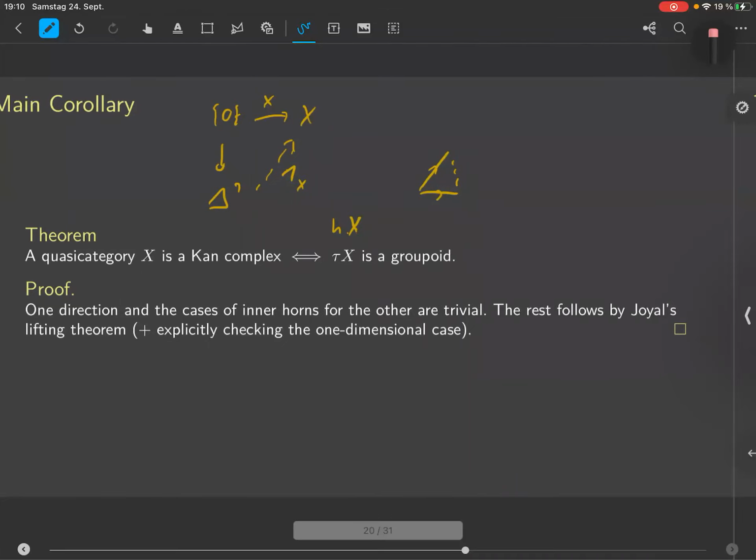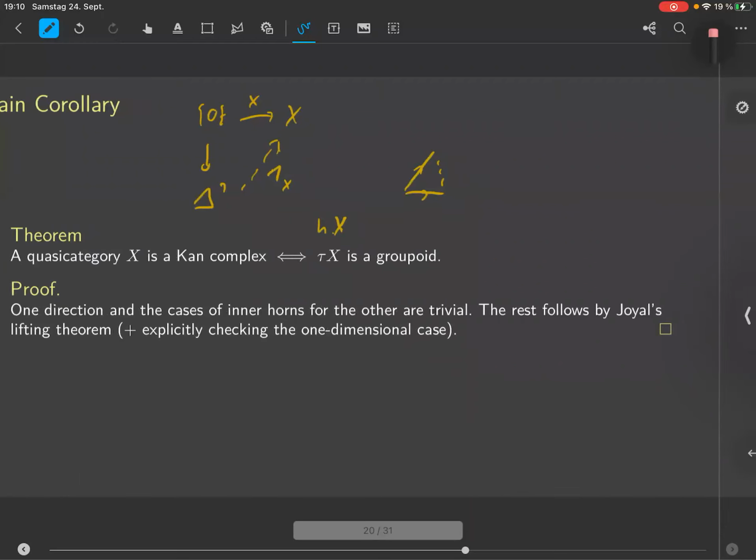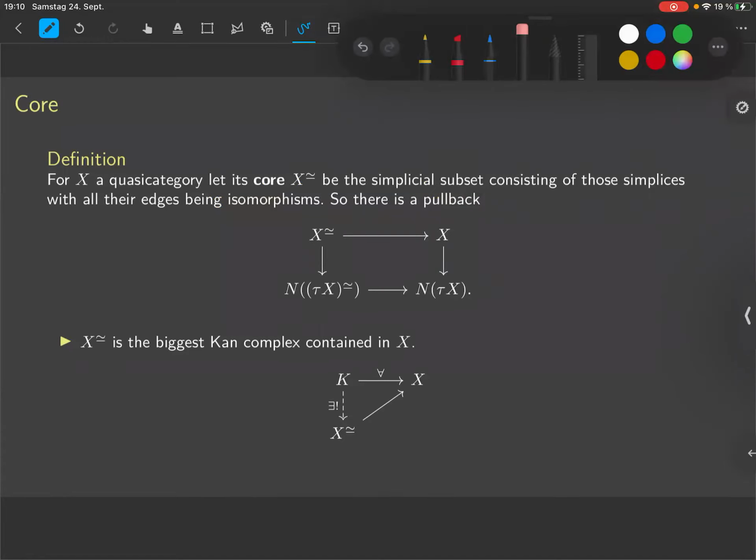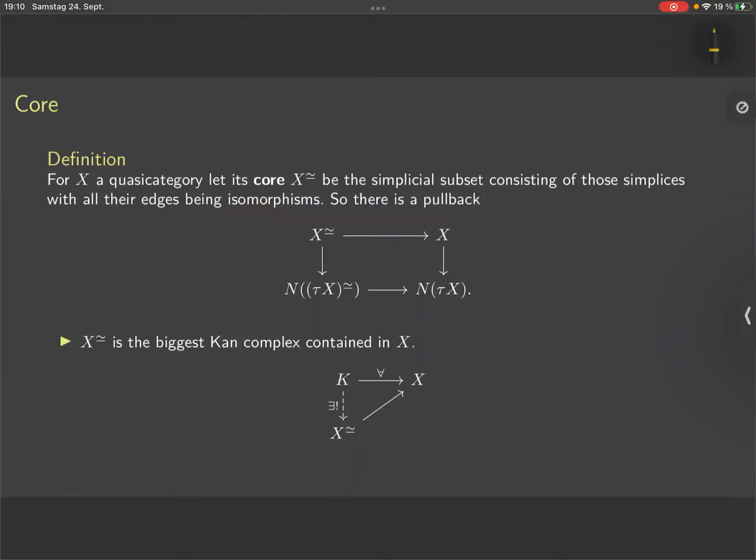But we can also make other implications. For example, we could define the core of a quasi-category, which is analogous to the groupoid core of an ordinary one-category. And how does this work? We will see how Joyal's lifting theorem comes in very handy to work with this.